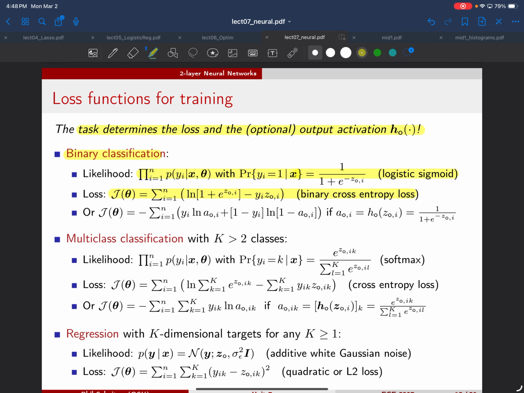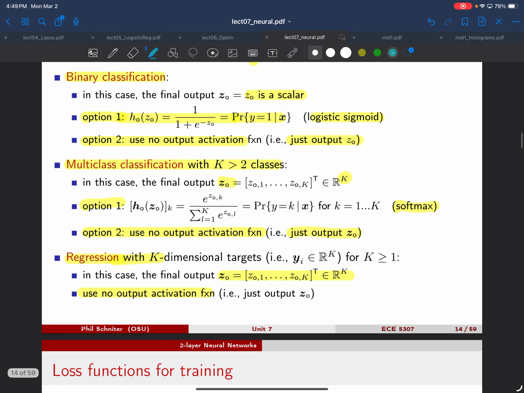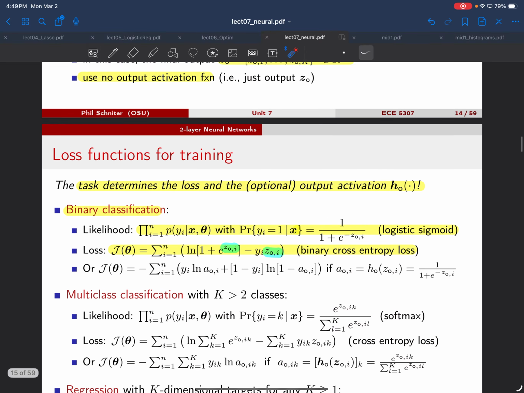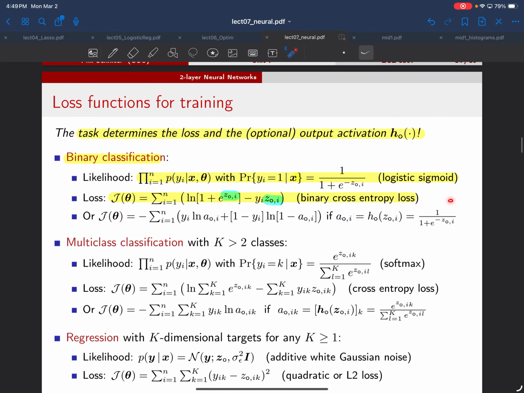We called it the binary cross entropy loss. But if you notice, the way that we've always done the derivations is we've assumed that the inputs to our loss function are those linear scores, ZO. If you have decided to put this sigmoid onto the end of your network, then the outputs are no longer ZO, they are the sigmoid outputs. So let's give them a name: we'll call the outputs coming out of the sigmoid AO.